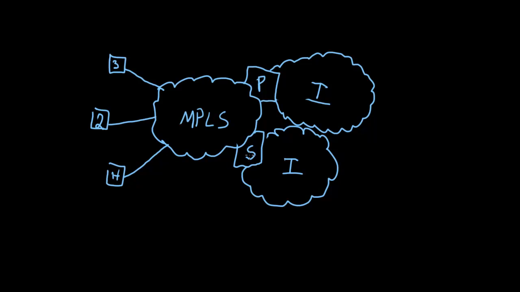So when users at any of my branch offices or the headquarters need to access the internet, they simply traverse the MPLS network, just like this, and head out by way of this primary firewall to the internet. Same goes for Site 2 and Site 3.